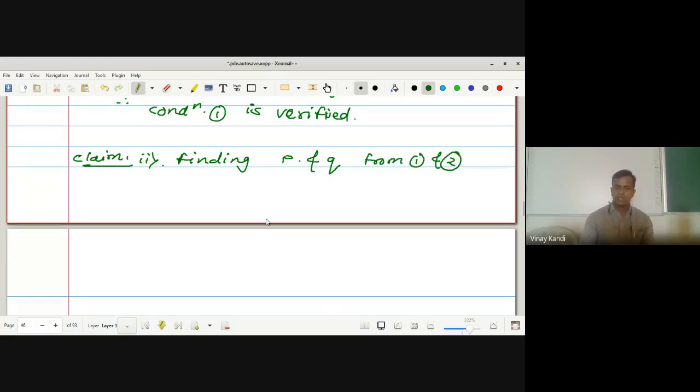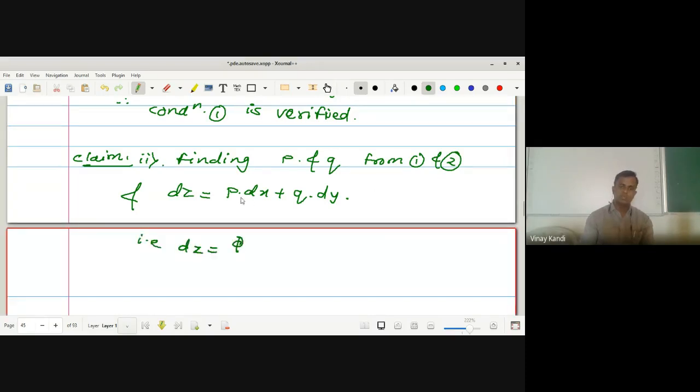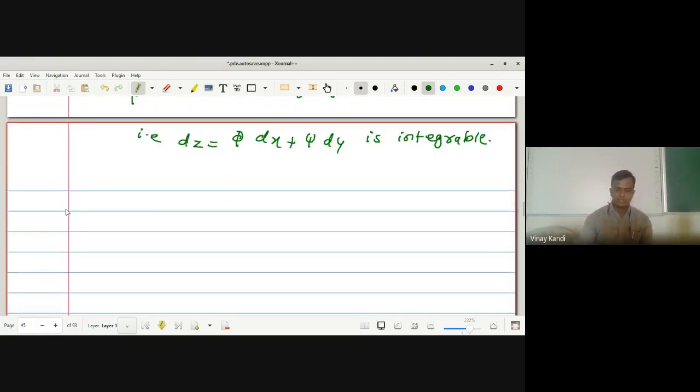If dz is equal to p dx plus q dy, that is dz is equal to phi of x, y, z dx plus psi of x, y, z dy, it is integrable. Then the given partial differential equations are a compatible system.